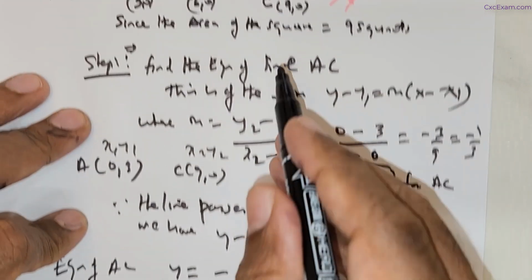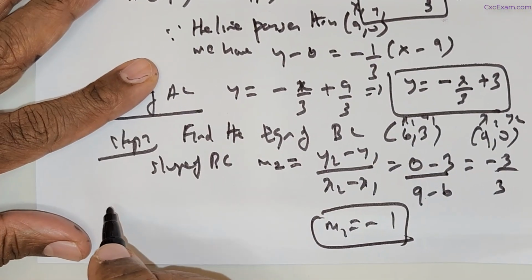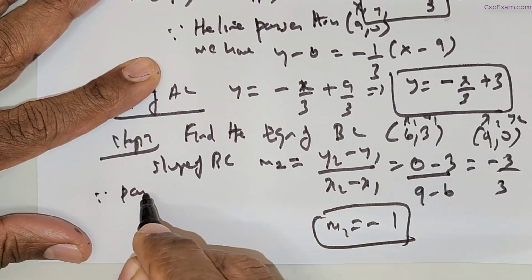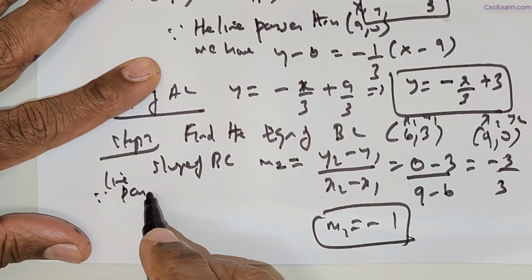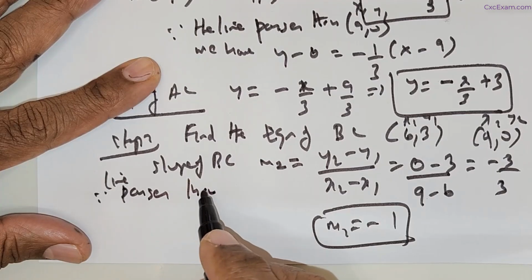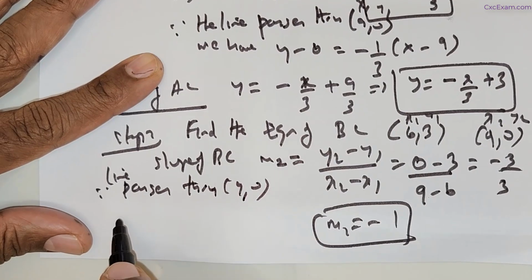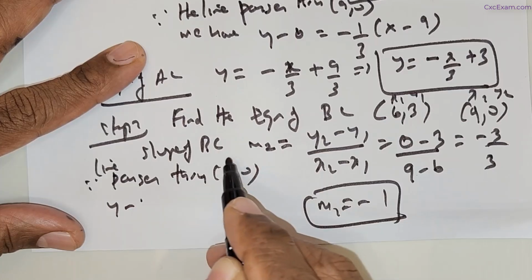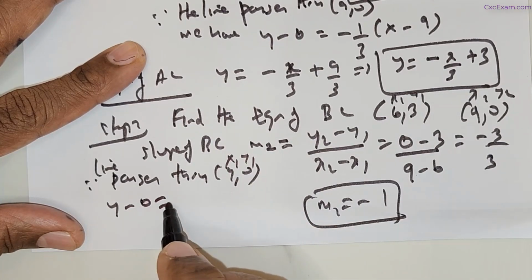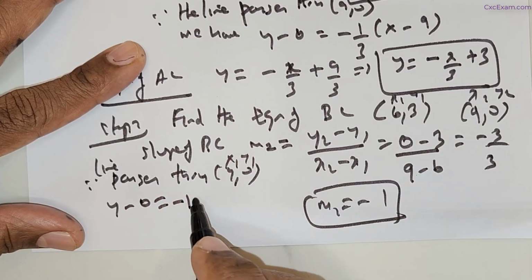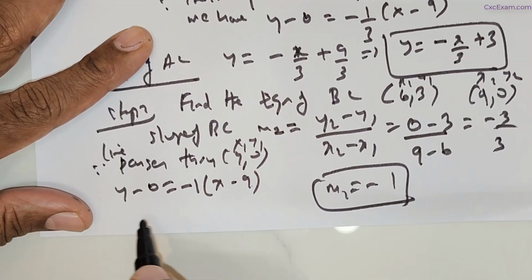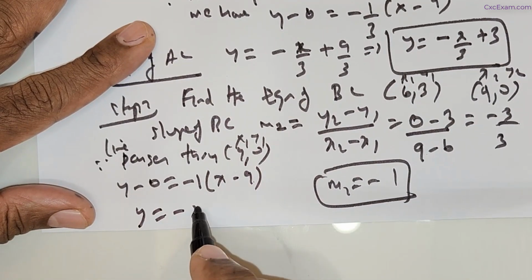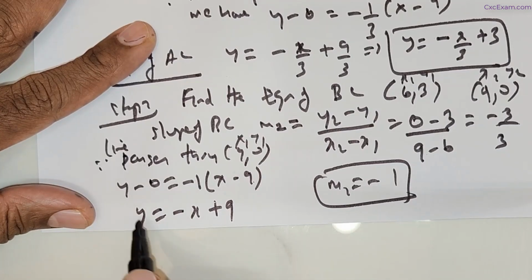Now the line is passing through 9 comma 0. Since the line passes through 9 comma 0, you have y minus 0 is equal to negative 1 times x minus 9. So this is y is equal to negative x plus 9.